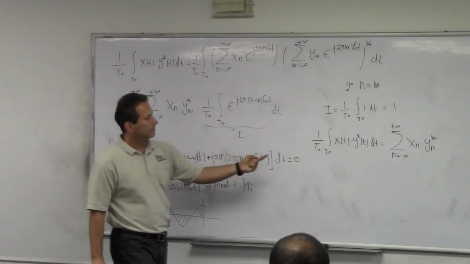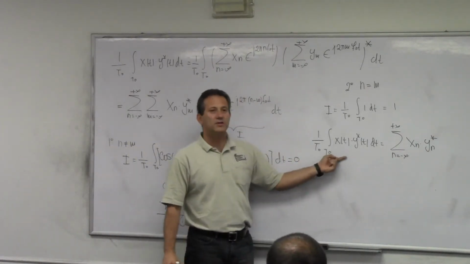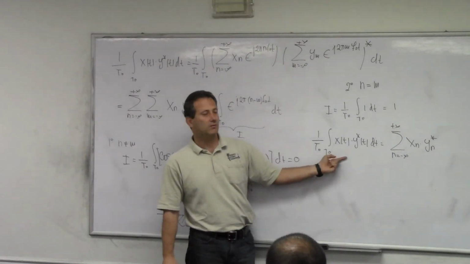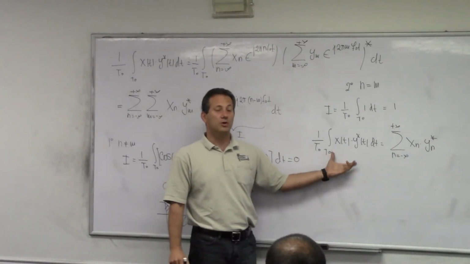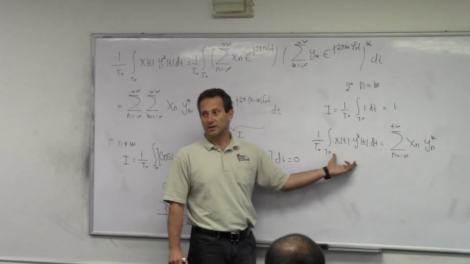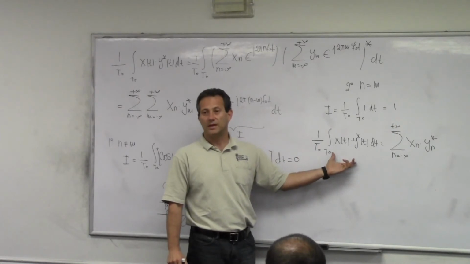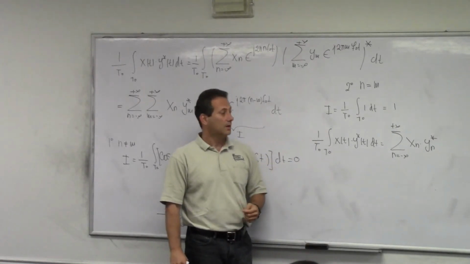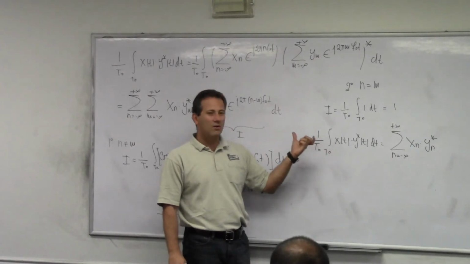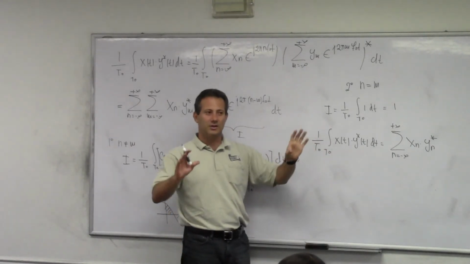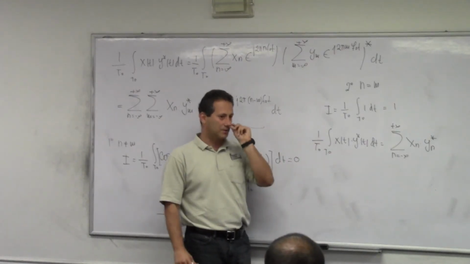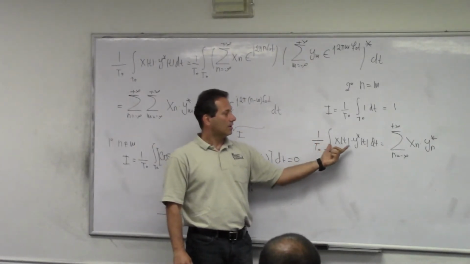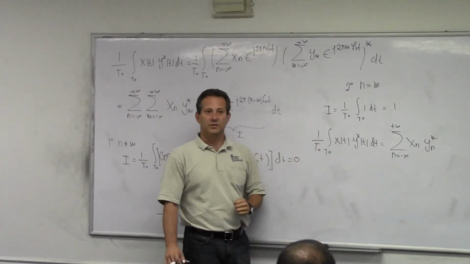This form here has a special meaning to us. It turns out this is the dot product between two functions, right? This is how we take what we call the inner product. And you already know that analogy. Let me just refresh your memory. Let's say we're dealing with vectors, right?